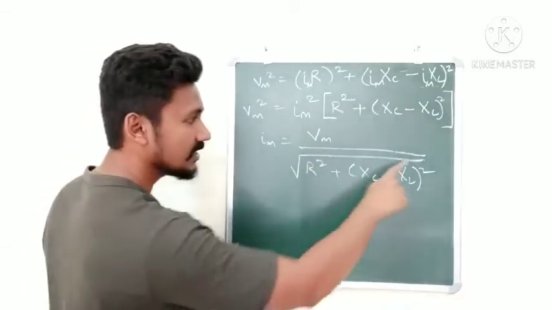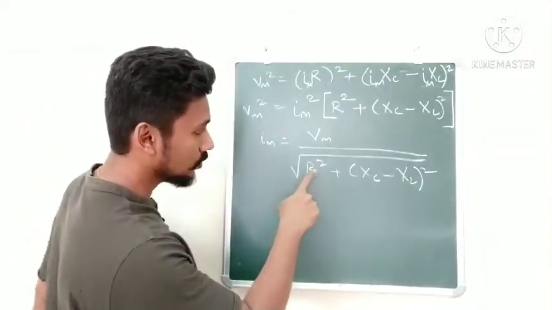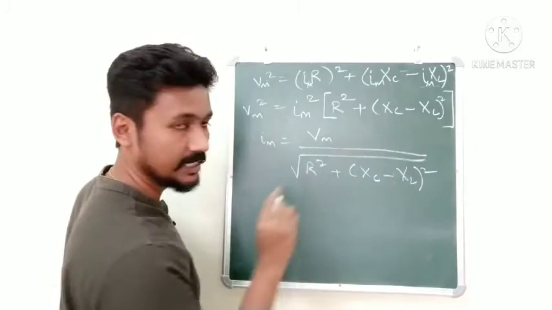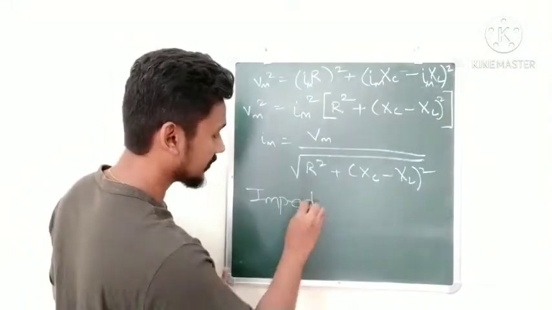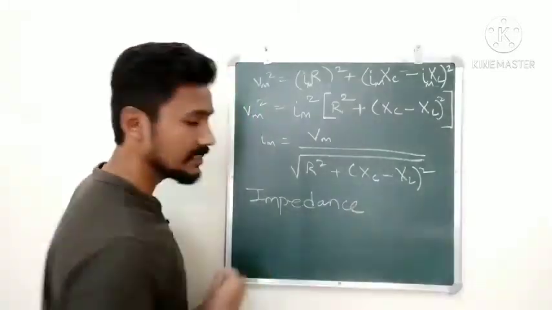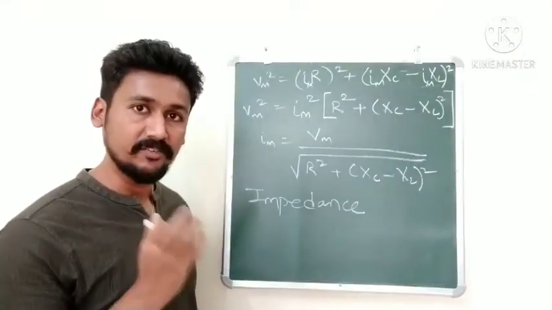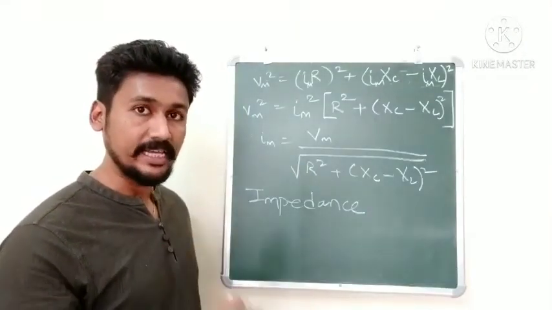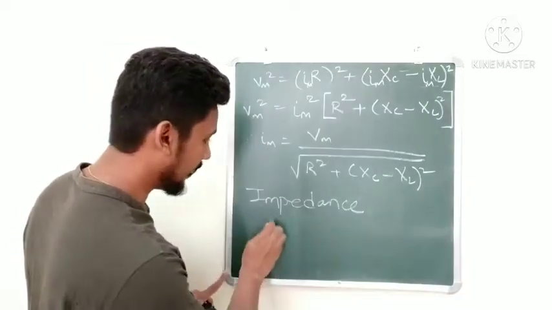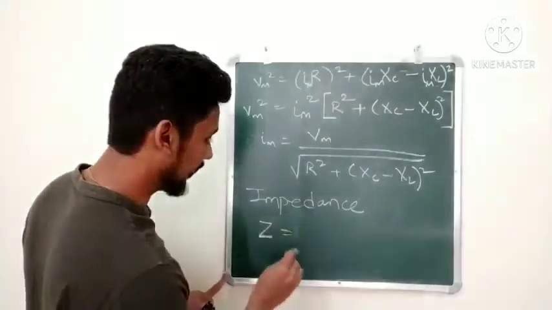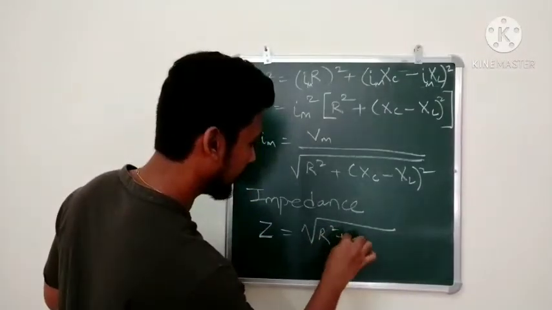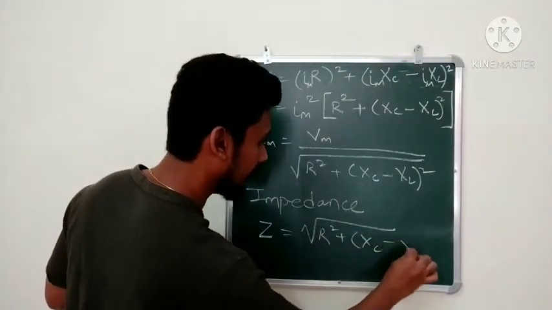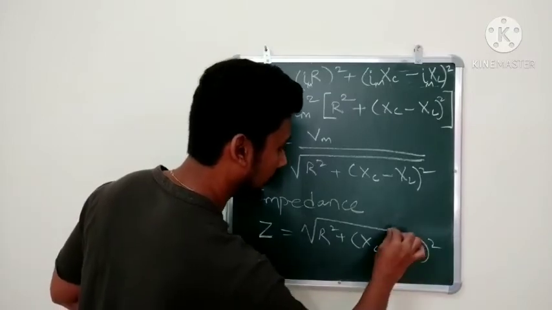Now this term that we are getting, under root of R square plus (XC minus XL) square, is known as the impedance. Impedance is basically the effective resistance of an LCR circuit. This is written as capital Z, and we get that Z is equal to under root of R square plus (XC minus XL) square.